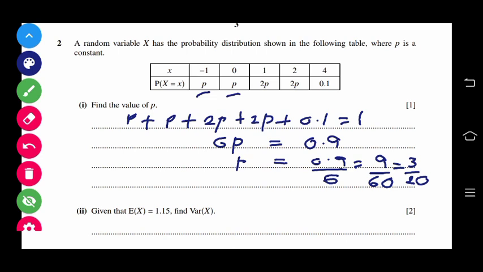So the value of p is 3 divided by 20, or 0.15.